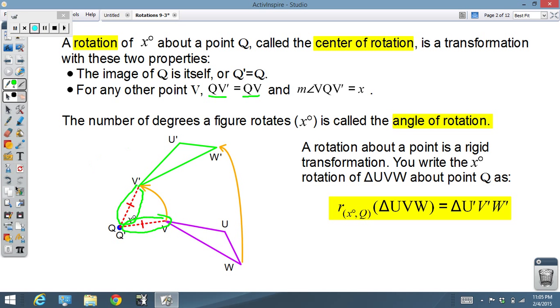Let me reset this, so you trust me, if we take these two red lines out, I will show you exactly what I'm talking about.